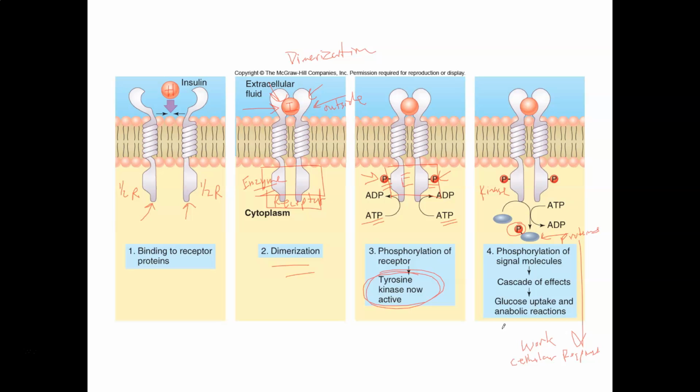So tyrosine kinases can stimulate glycogen production, they can stimulate fat production, protein synthesis, they can insert glut carriers into the plasma membrane, all the different types of actions that you might associate with a hormone like insulin. So insulin has lots of different effects, and so its cellular mechanism of action through the tyrosine kinase pathway allows us to see those responses.